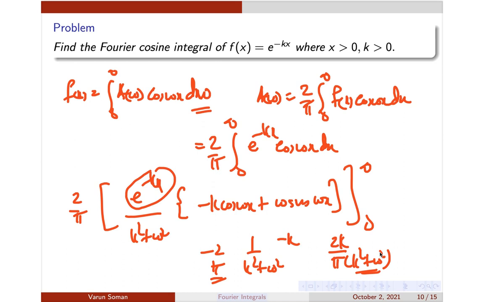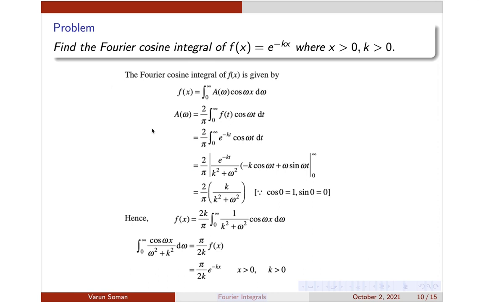So this is your A of omega. Our final answer would be 2k by pi, you can take it outside, integral 0 to infinity cos omega x by k square plus omega square d omega. That is how you write the Fourier integral representation.